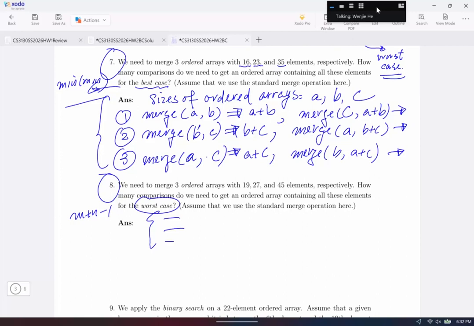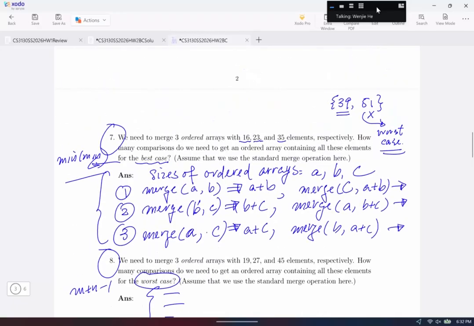We need to solve 10 questions in 2 hours. So we need to use a very efficient method to solve these 2 problems.